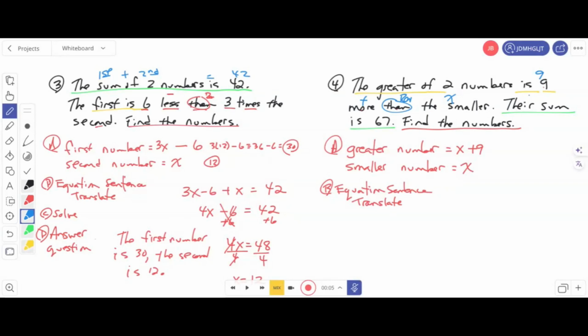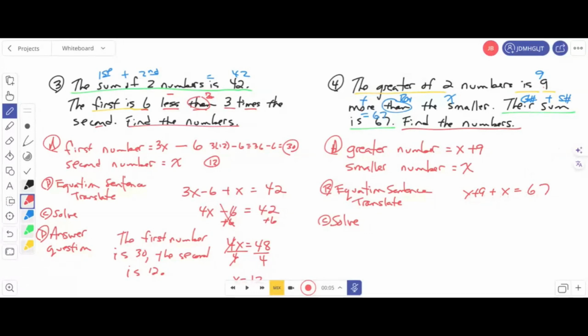Sum means add, so the greater number plus the smaller number equals 67. X plus 9 plus X equals 67. Now we solve.